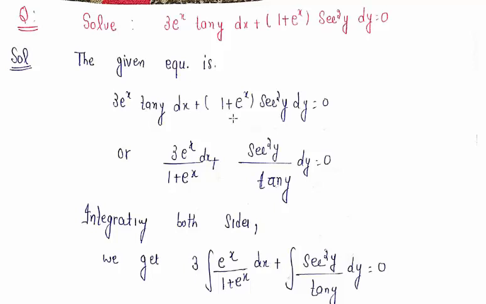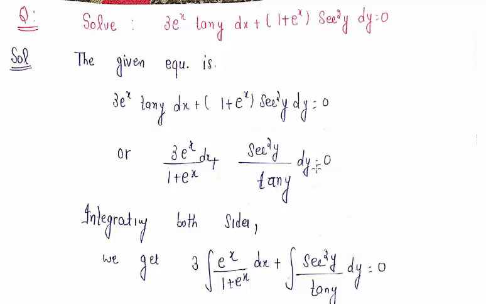So our differential equation can be rewritten as 3 e raised to power x over 1 plus e raised to power x dx equals secant square y over tan y dy. Now this is a term in x only, and this is a function of y only into dy.